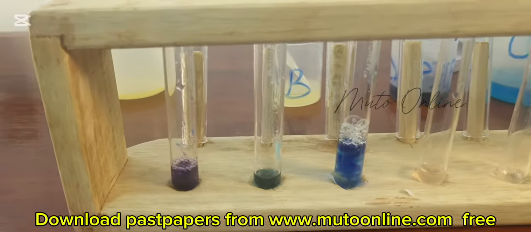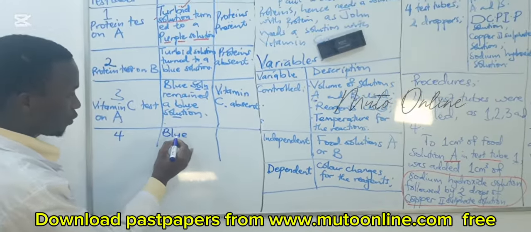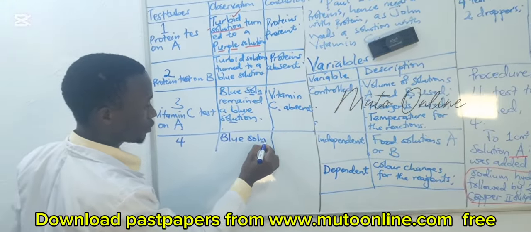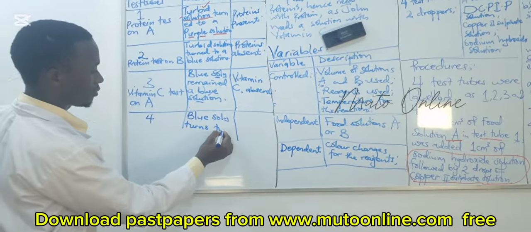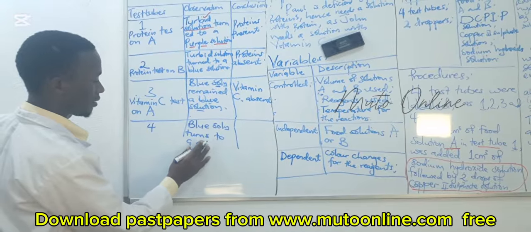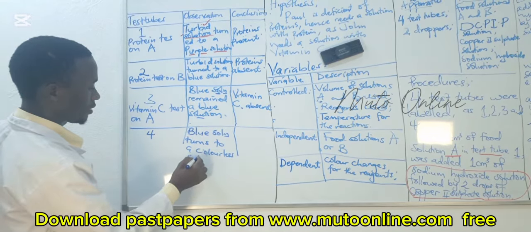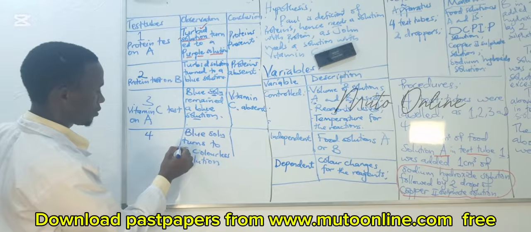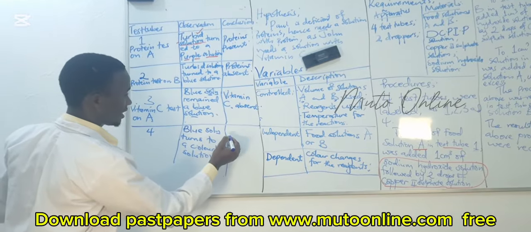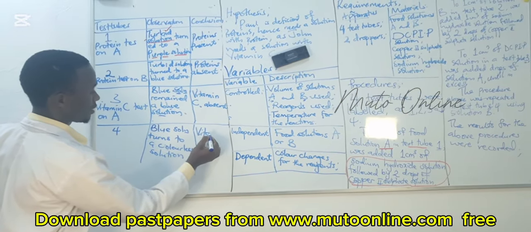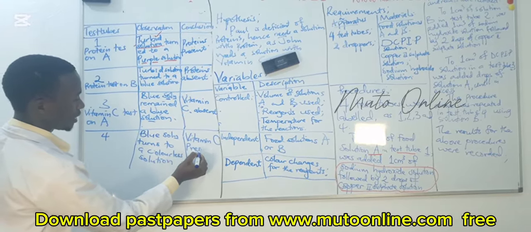So for test tube 4, the blue solution turns to a colorless solution on excess addition of B. And this is an indication that there is vitamin C present.